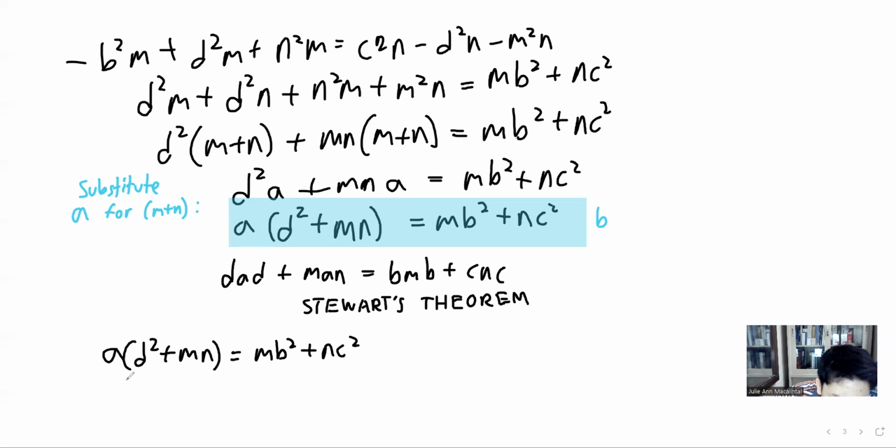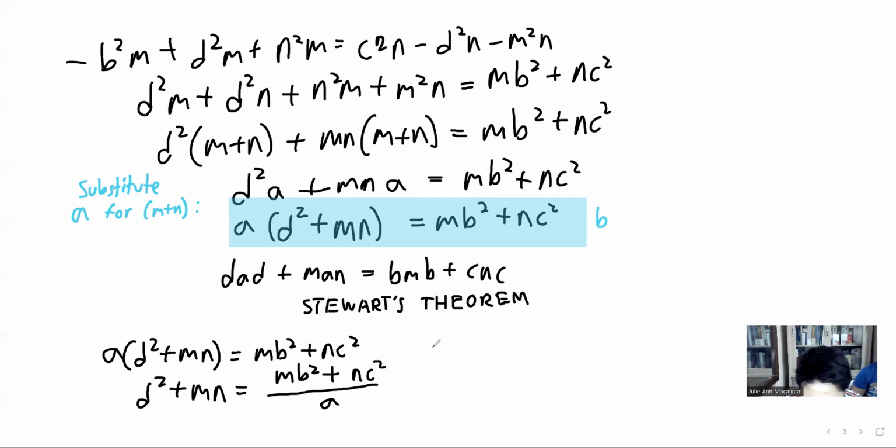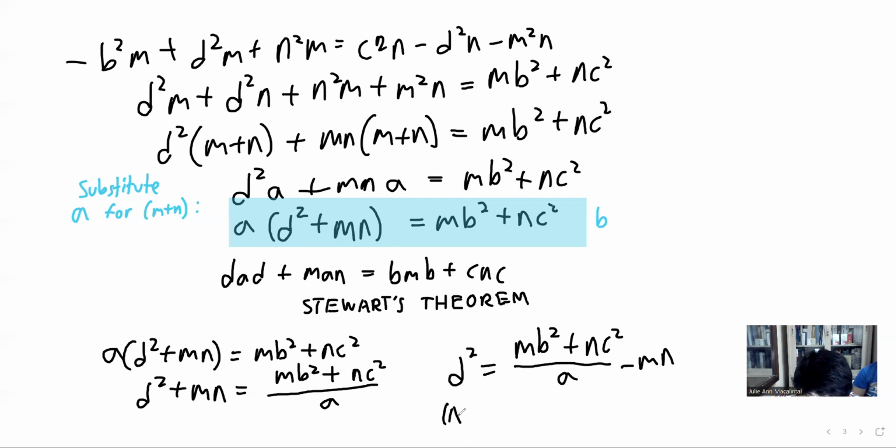We can move this a over here, and then finally we can just transpose the mn, and we did it. d squared, which is just AD squared.